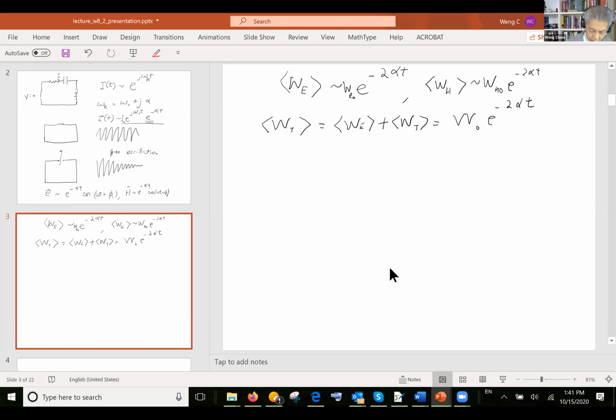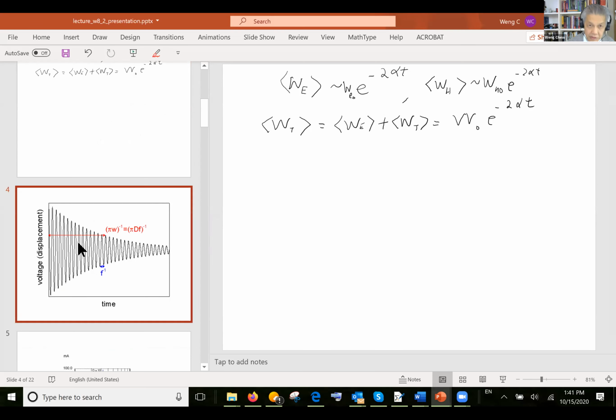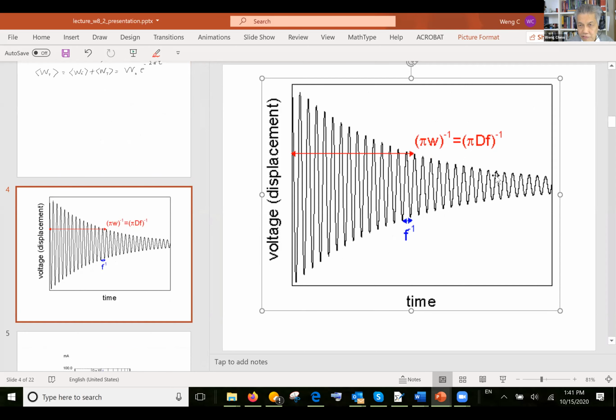What is the Q? Q is the measure of how many times would the field oscillate before it decays to 1 over e of its original value. If you look at this, this thing is going to decay exponentially if the cavity is lossy. A Q is a measure of how many oscillations do you have in the cavity before it goes to 1 over e of its original value.